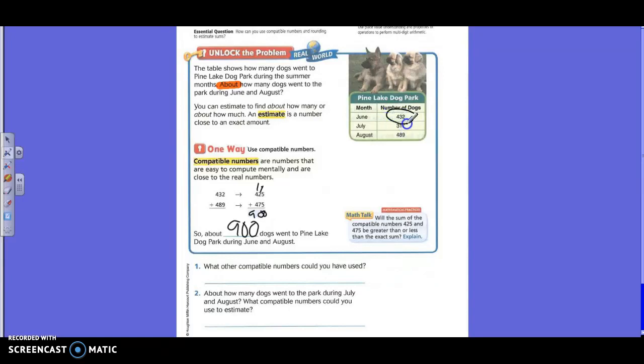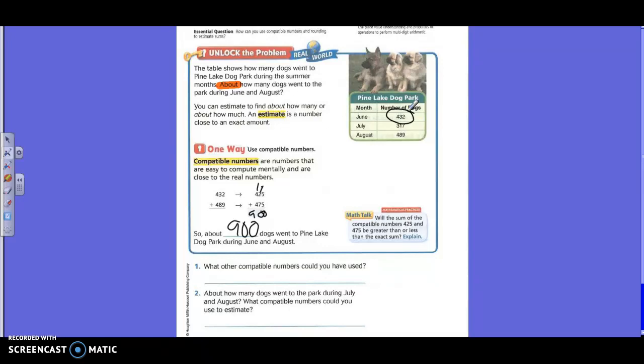So for June, instead of doing 425, what's a good compatible number we could have done instead? 432. No, but that's not making it easier. That's the exact same number. Can you give me an easier number that was close to that number? 415.